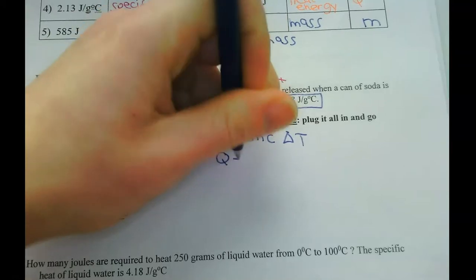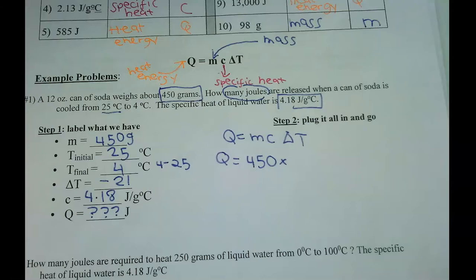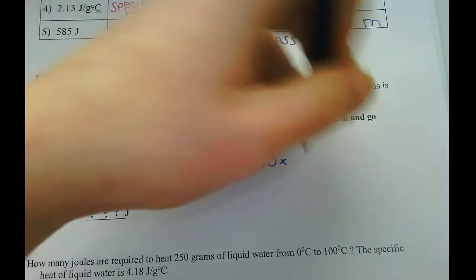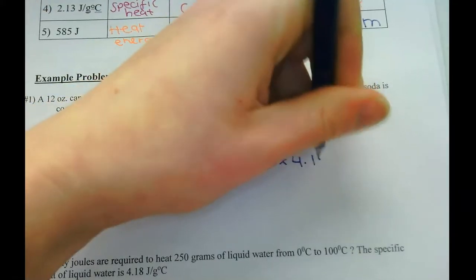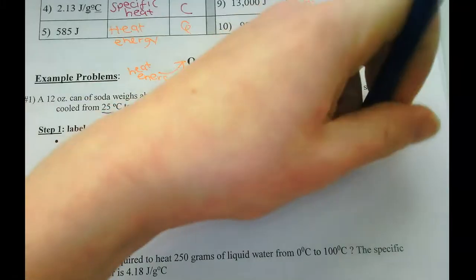So our Q is equal to 450 times 4.18, mass times C, times our change in temperature, negative 21.